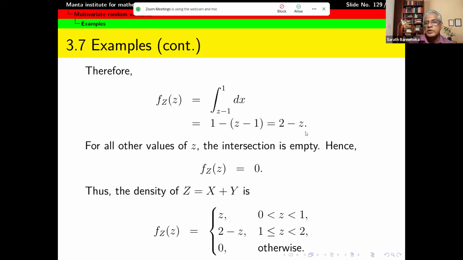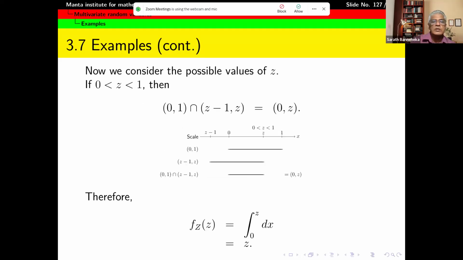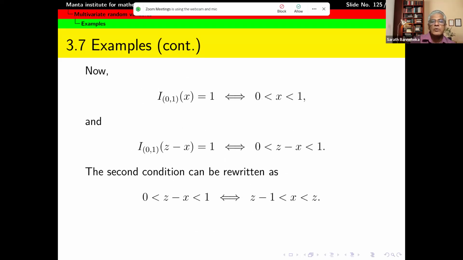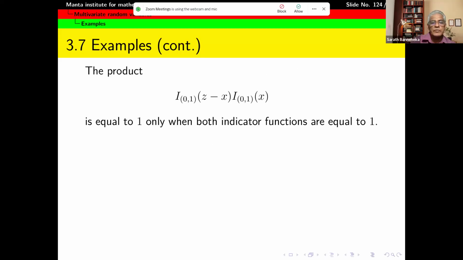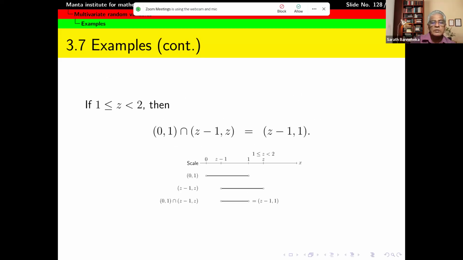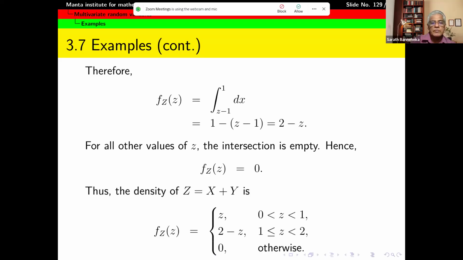So this we obtain directly applying the convolution formula, right? So for all other Z values, the density will be 0.